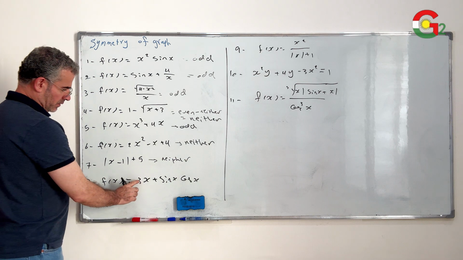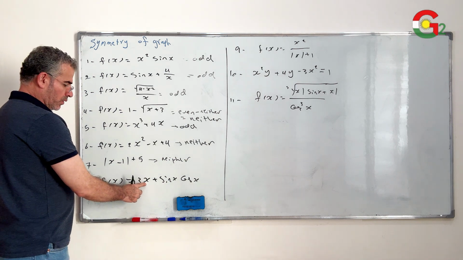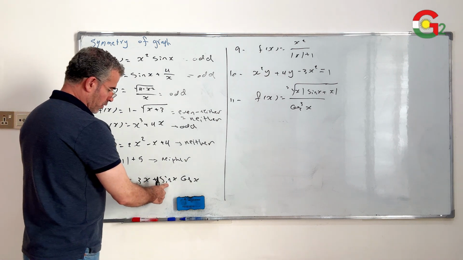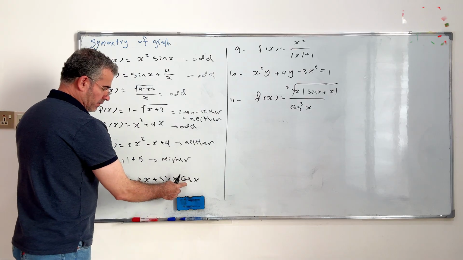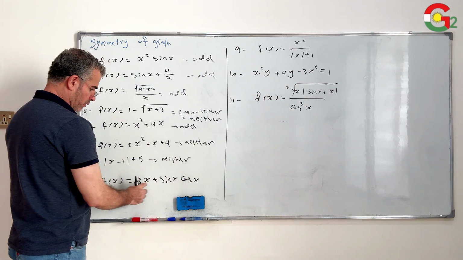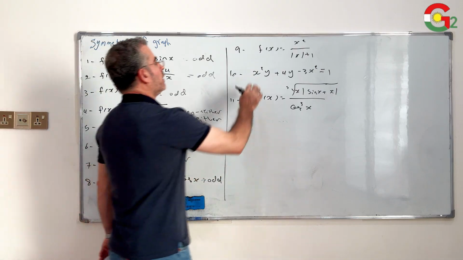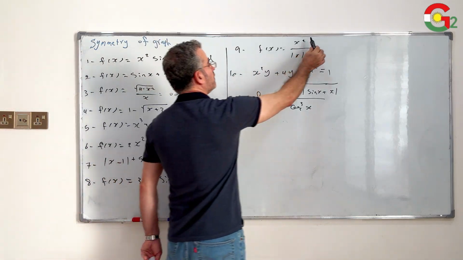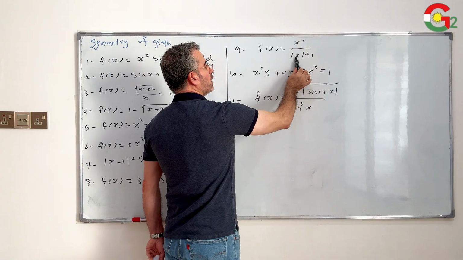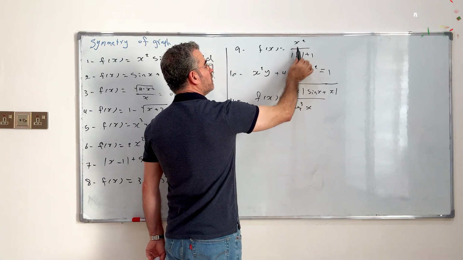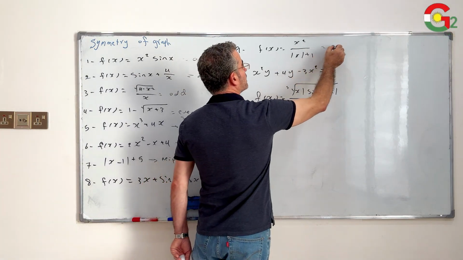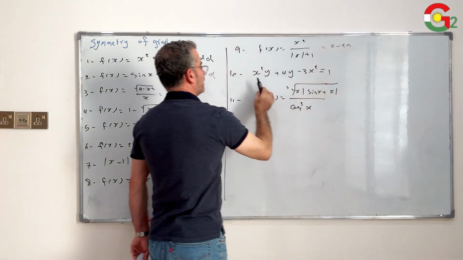Number 8: even times odd plus odd times even, odd plus odd, it is odd. Number 9: even over absolute value of odd, it's even over even plus even, it is even.